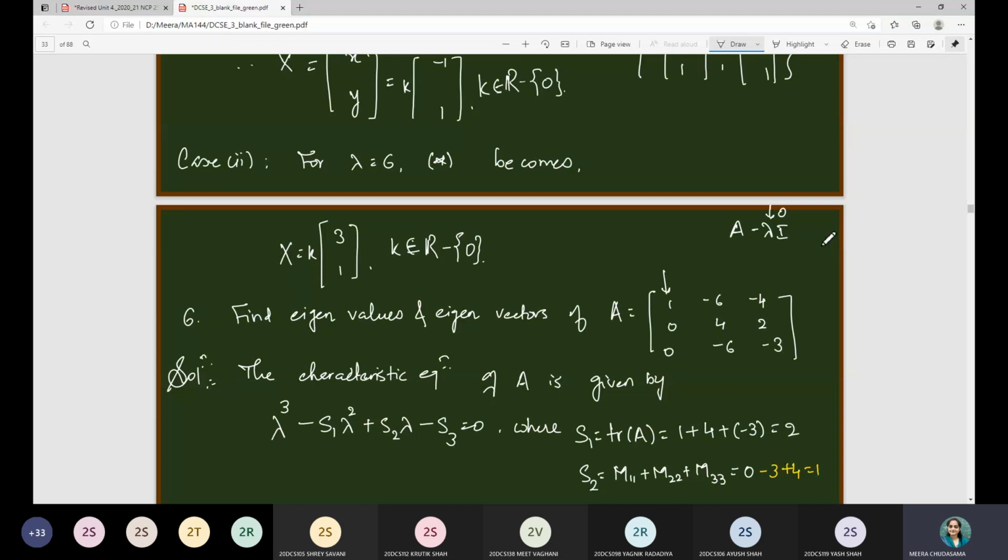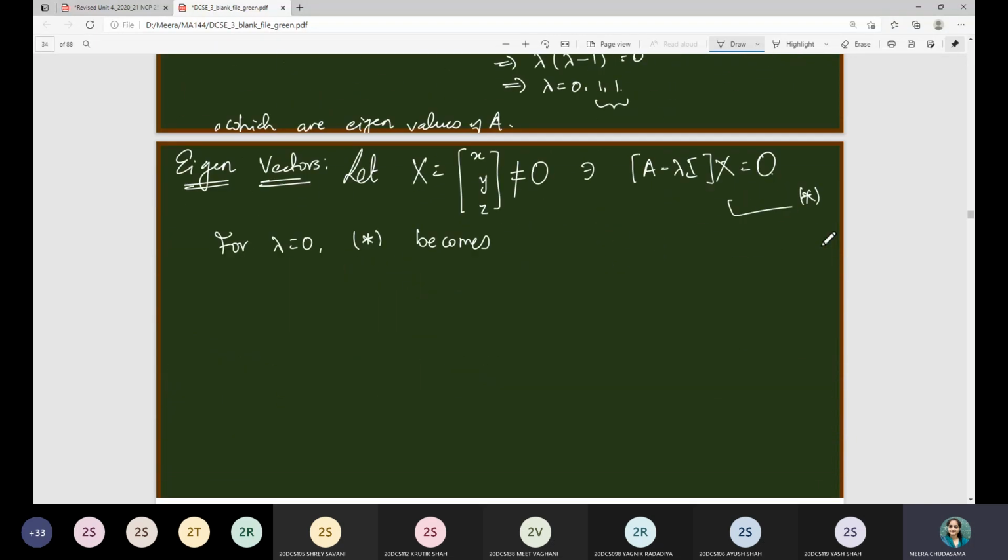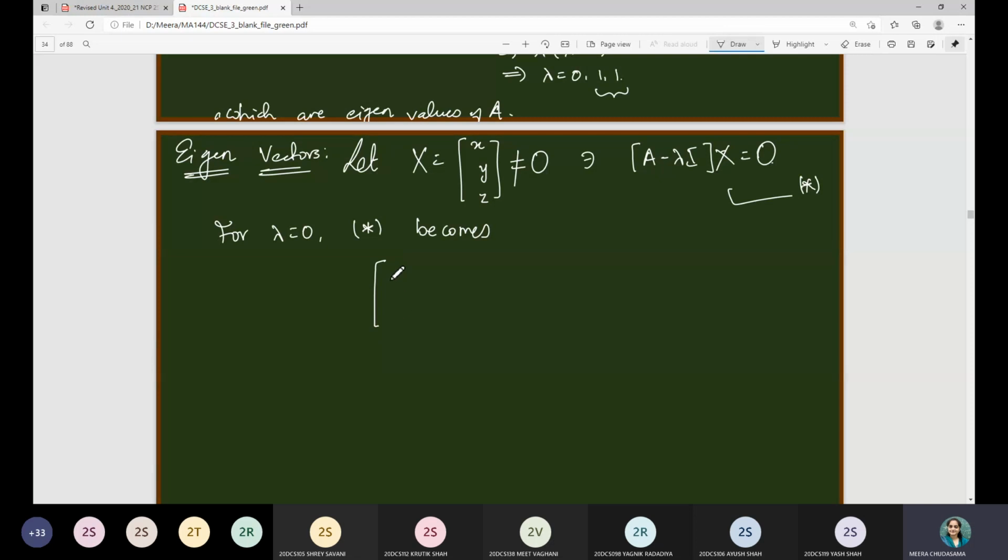Subtraction of any matrix with a 0 matrix is the matrix itself. Therefore, in this case, it will be seen as the given matrix, that is this one, 0, 4, 2, 0, minus 6, minus 3. Capital X, which is x, y, z, is equal to 0, 0, 0.